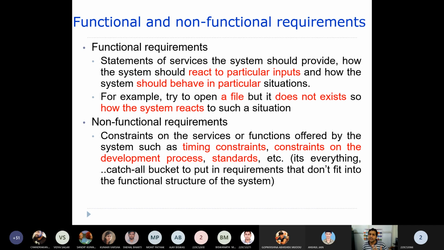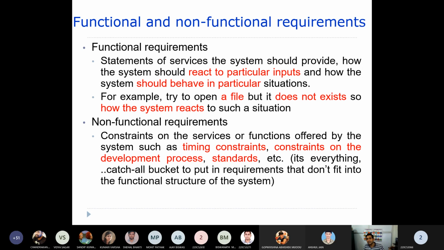Not only is it giving you the output, but it should also react to the situation where the file doesn't exist. If the file exists, then usually it will open up the file and give it to you through a viewer, right? If the file does not exist, then in that case also it should say something.